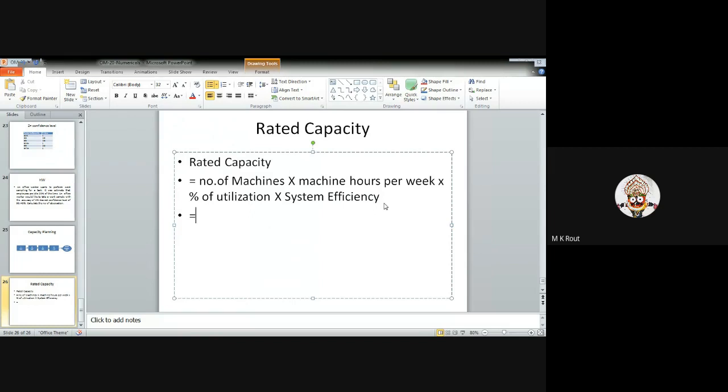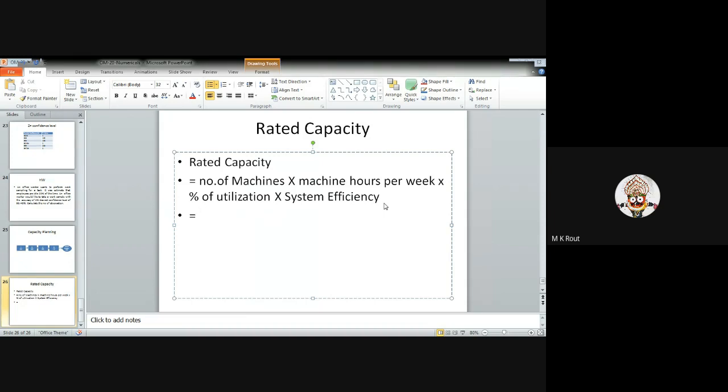So just calculate. Before solving, you just note down the data given in the problem statement.